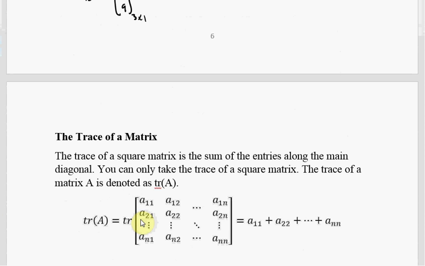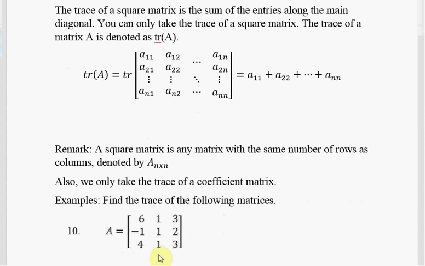I could show you some things in abstract algebra where this is most useful, but here we just lay the foundation. We denote that as tr of A, or just tr, the trace of, and put the matrix there, and just add the entries along the main diagonal. Nothing more, nothing less.